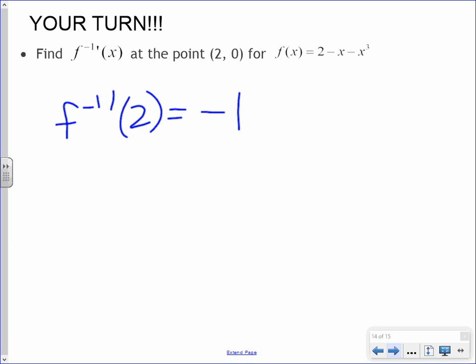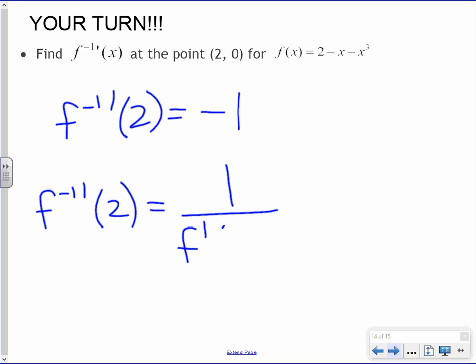Okay. Well, we know that we want f inverse prime of 2, which means we need 1 over f prime of f inverse of 2, right? What's f inverse of 2? What's the y value when x is 2 for our inverse? 0.